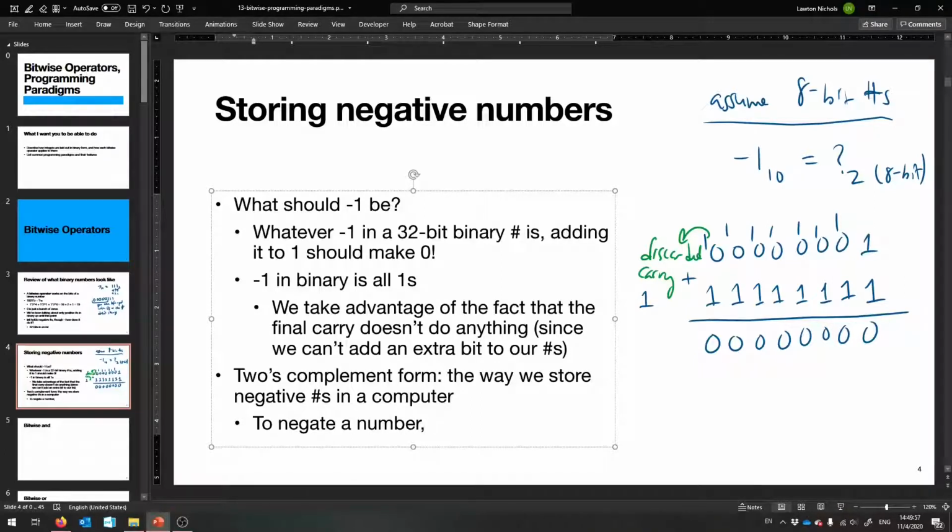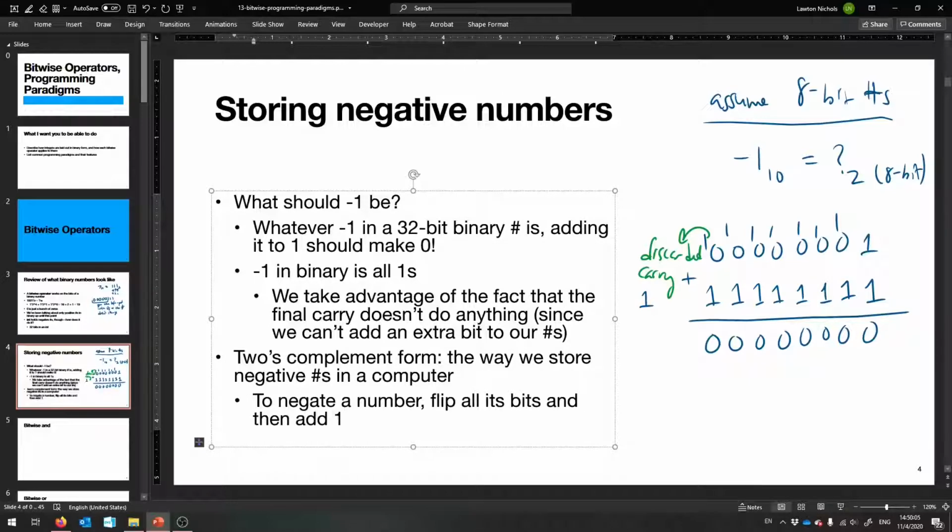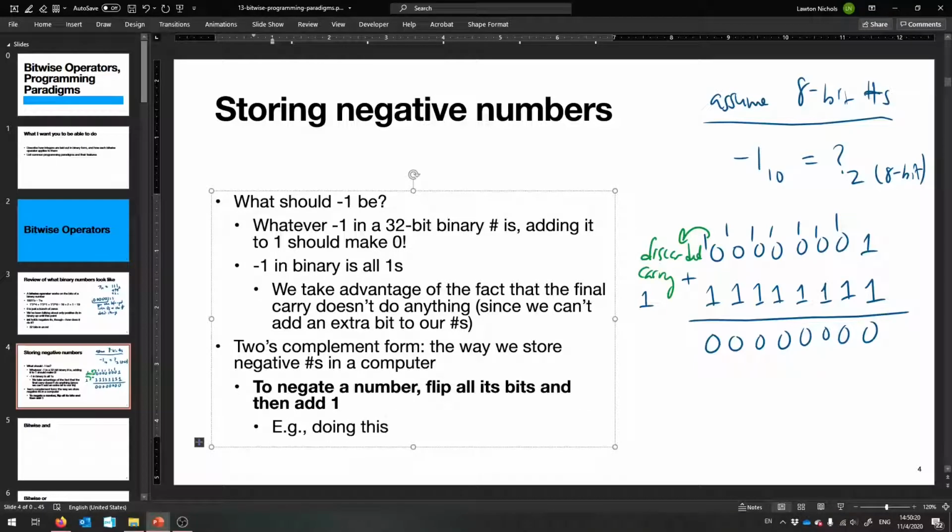First, you flip all of the bits. And then you add 1. Okay? That's all you need to do. To negate a number, flip all the bits, and then add 1. That is how you get this 2's complement form, which is the way that we represent negative numbers. So if you do this to 1, it'll make it -1, okay?